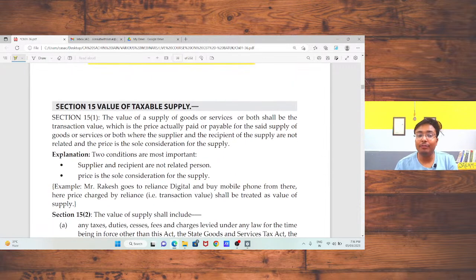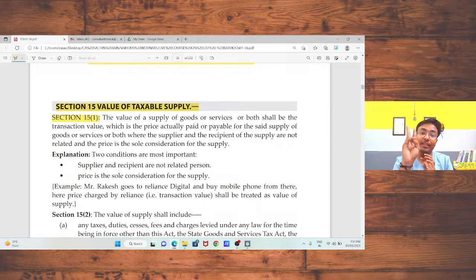Section 15, value of taxable supply. Sir, section 15 subsection 1. What is the value of supply? In that case, the transaction value is your value of supply. That means I am going to Reliance Smart and I am getting certain goods. In that case, the price charged by Reliance is the value of supply.